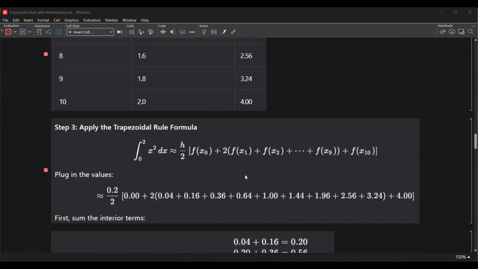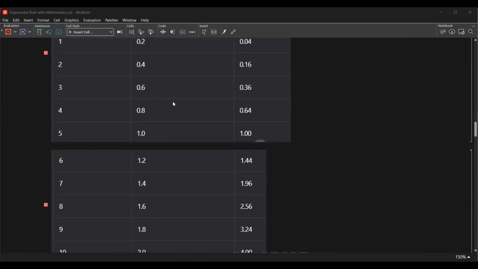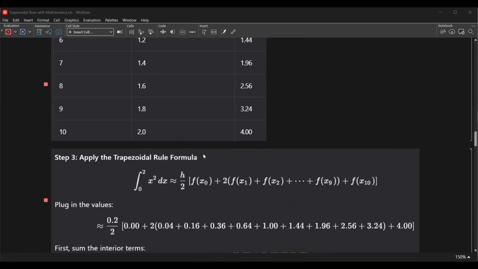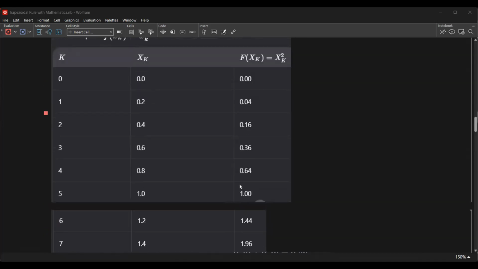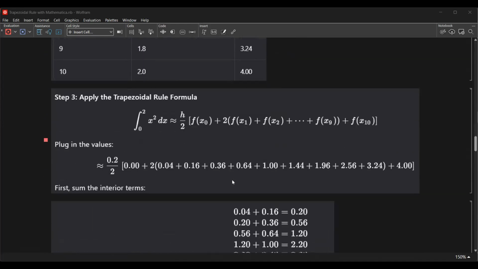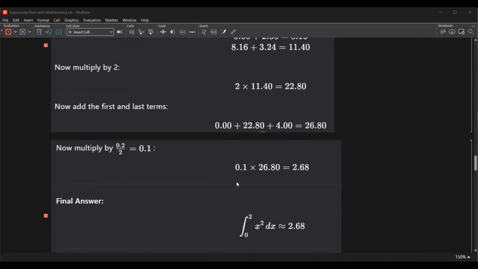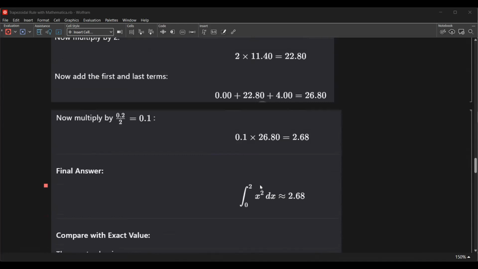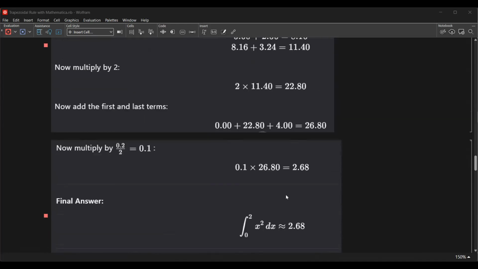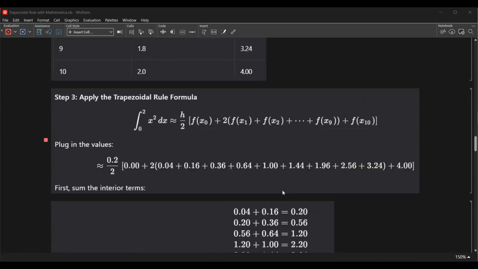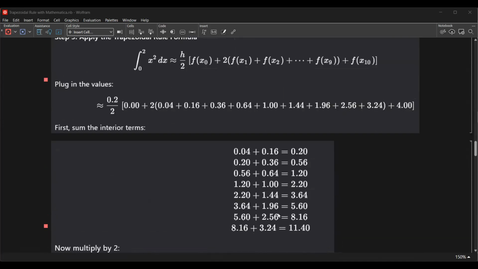So by substitution of all these values here in h over 2 times f of x sub 0 and so on, we have the total value. The approximate area is equal to 2.68 here.